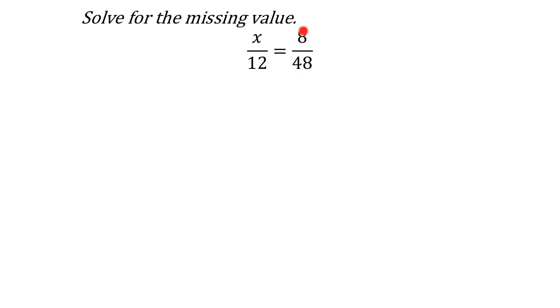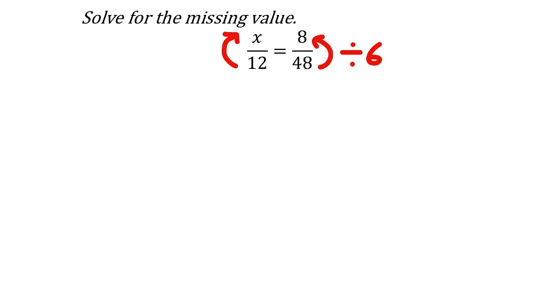And in this case, just with this fraction right here, 8 and 48, I can see that 8 and 48 are related because when we use this method, we're only using multiplication and division. Well, 48, what would I have to do to get 8? I'd have to divide it by 6, right? And this is the beauty of scale factors: if I do it to one fraction, I can do it to the other one in order to find missing values.